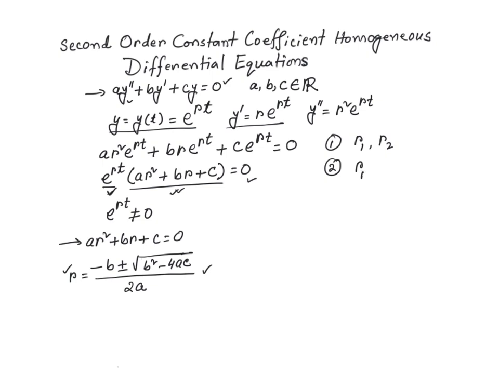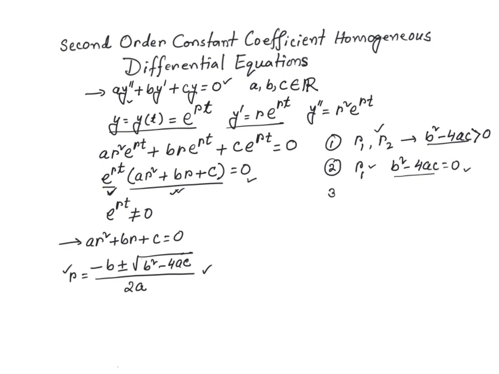There is only one solution, r1, and that is the case when the discriminant b squared minus 4ac is equal to 0. In the first case, b squared minus 4ac is greater than 0, and you will have two distinct solutions for r. If the discriminant is 0, you will have one solution that repeats twice.